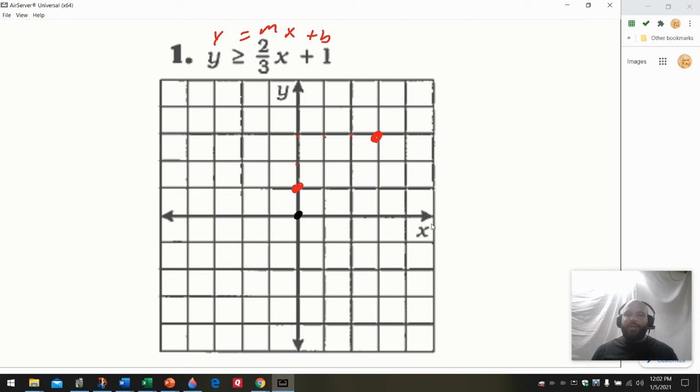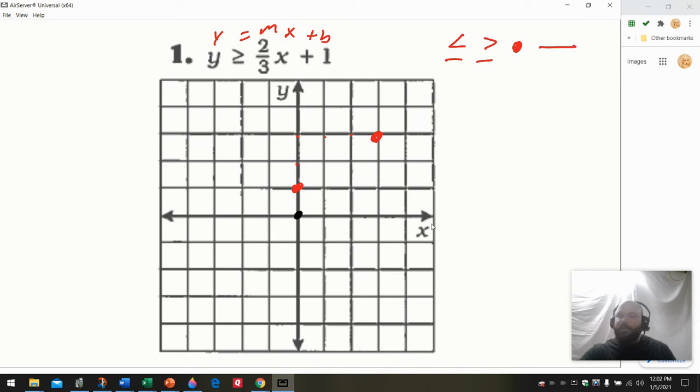I am going to draw a line, but it's very important to understand something about this. When you draw your line, the line could be a solid line or it could be a dashed line, and it depends on what the sign is. I'll give you an example. If you had a less than or equal to or a greater than or equal to, it would be a solid dot.